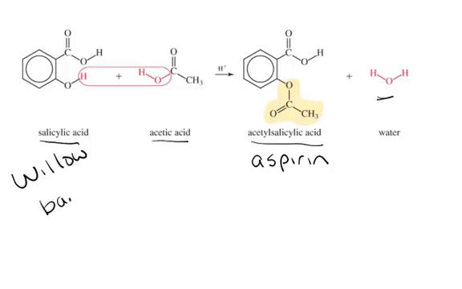Willow bark is from the willow tree. And what they would do, going back several thousand years, is take that willow bark and boil it in water. When they did that, certain compounds were extracted from the bark. And so it was an herbal remedy that was given to people.